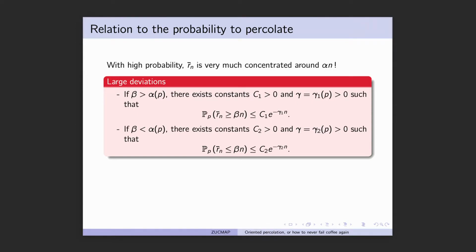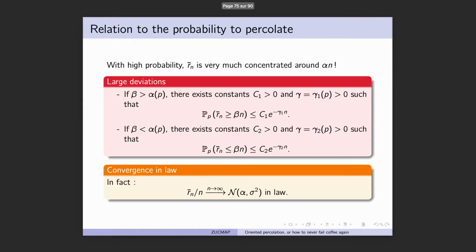And actually, there is a result that says that this Rn bar over n converges to a normal random variable, which might be surprising for some people, might not be for others. You know, in probability, usually in 99% of the cases, when you have something that converges, it converges to a normal random variable. And if it does not, it's because it converges to 0, which is a degenerate random variable.